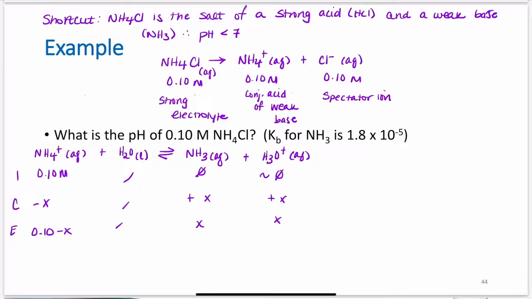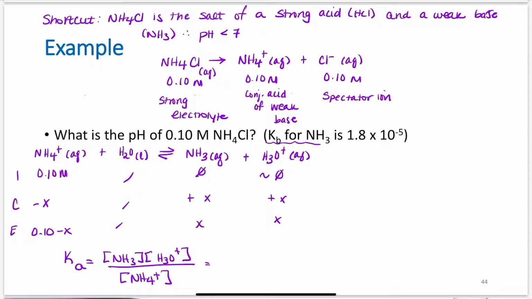Now, go ahead and set up your K expression. Because I am forming ammonia but also hydronium ions, I need to have a Ka expression, because A is hydronium. If I was forming hydroxide, I'd have Kb. Ka equals the concentration of ammonia times hydronium over NH4 plus. What does this equal? Well, now I need to know Ka, and it gave me Kb.